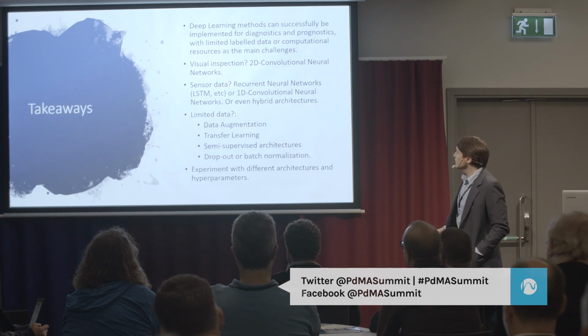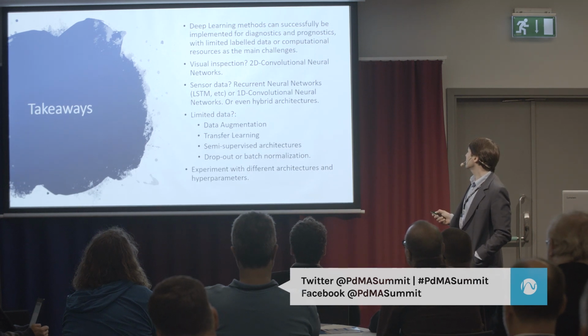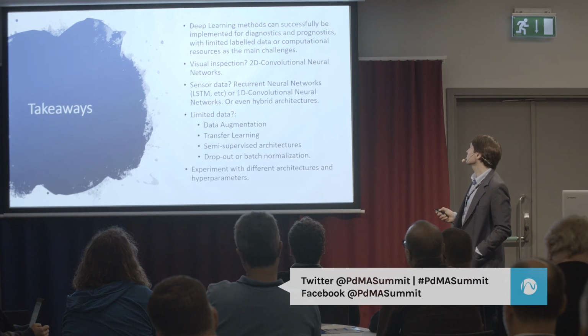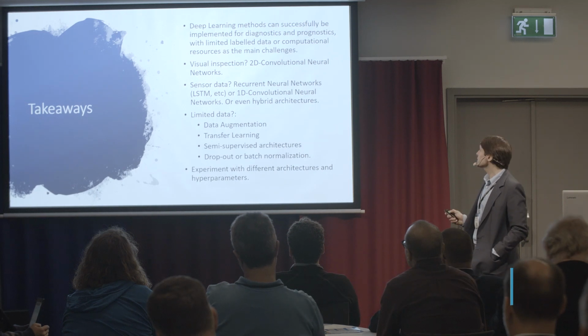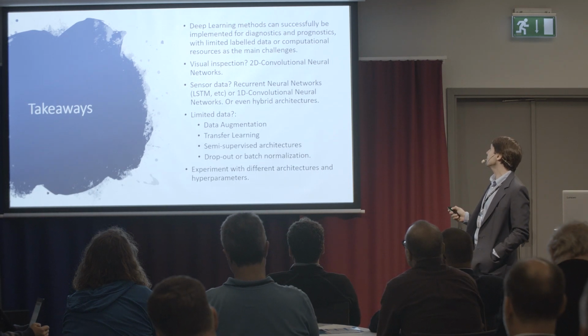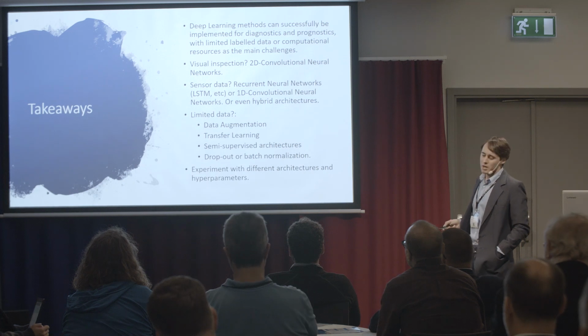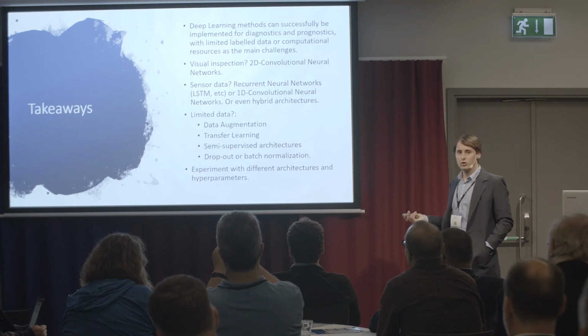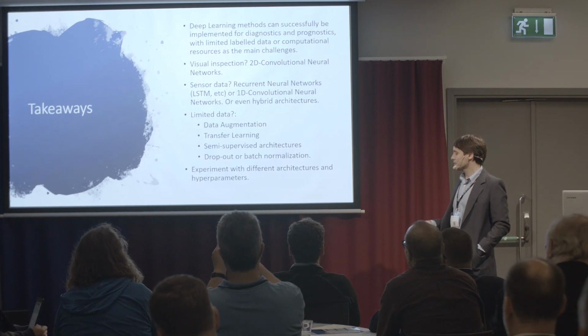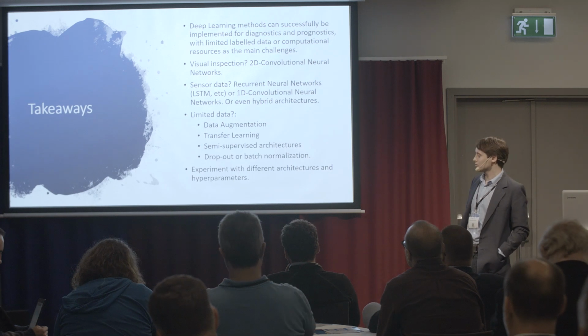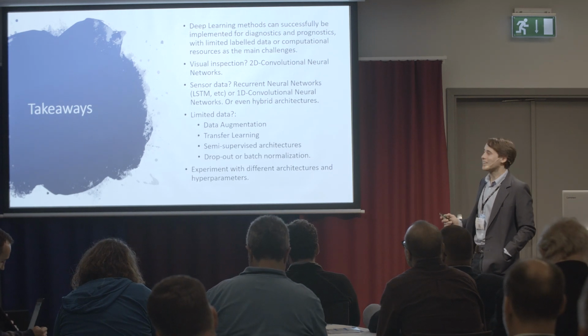The takeaways here are that deep learning methods can be successfully implemented for diagnostics and prognostics, but what can be a real challenge is limited labeled data or computational resources, because having failure data for machinery is not easy to get.